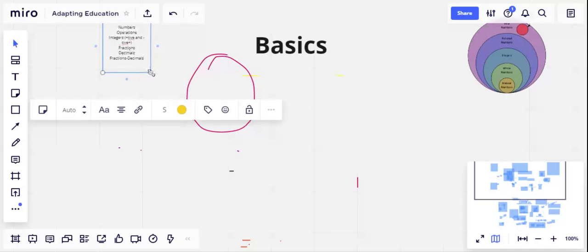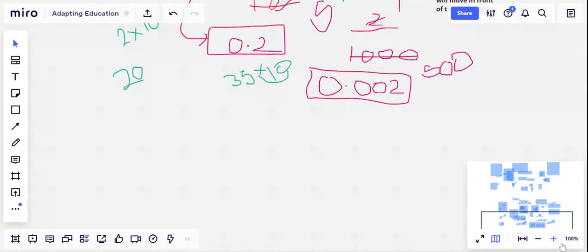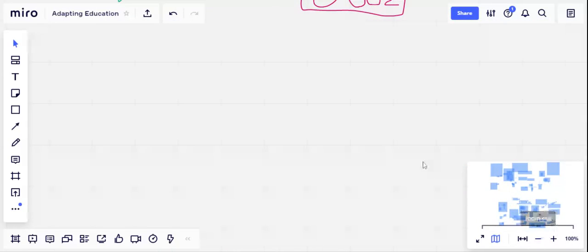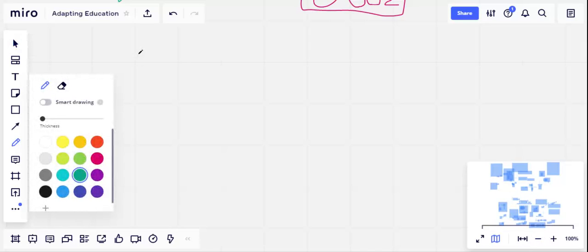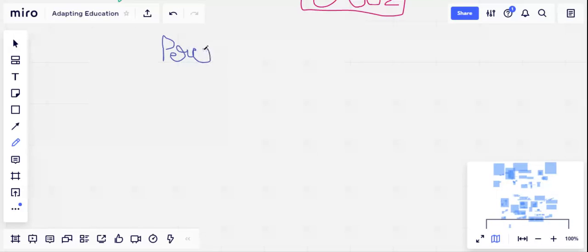Now let us move to percentages. What does percentage mean?